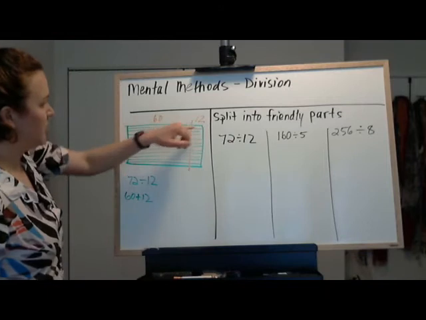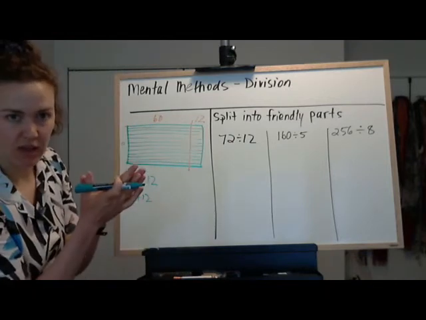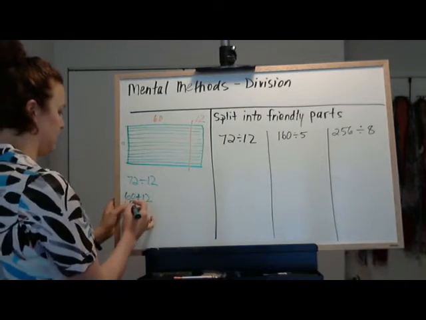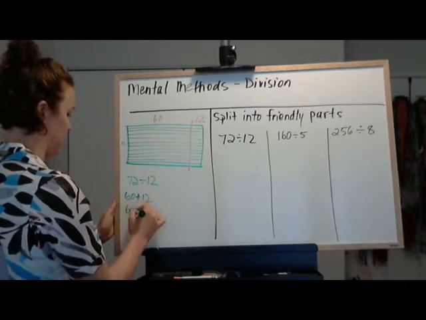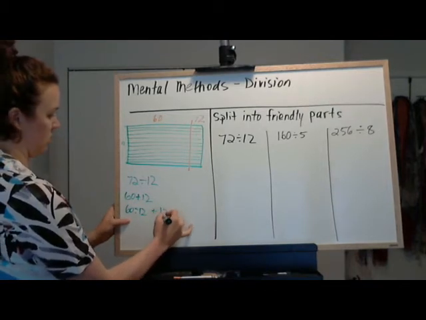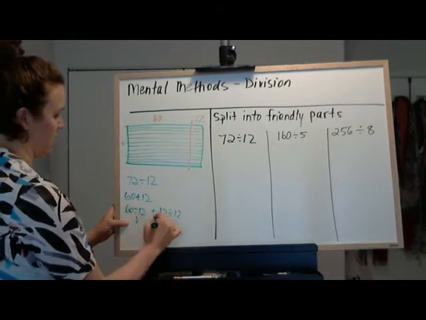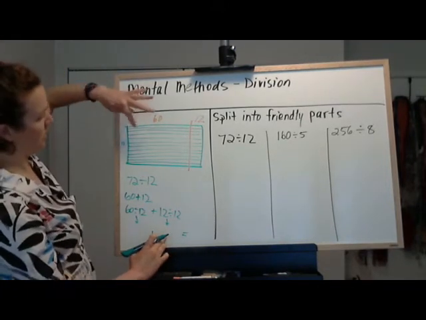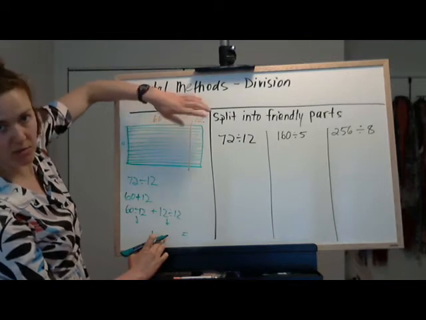And then each strip you're just splitting into separate parts, and we'll add them together at the end to get our answer. So 60 divided by 12. We're going to do that first, then we'll do 12 divided by 12. And we will add our answers together. So we'll add this part of the strip plus that part of the strip, and that will give us our answer.